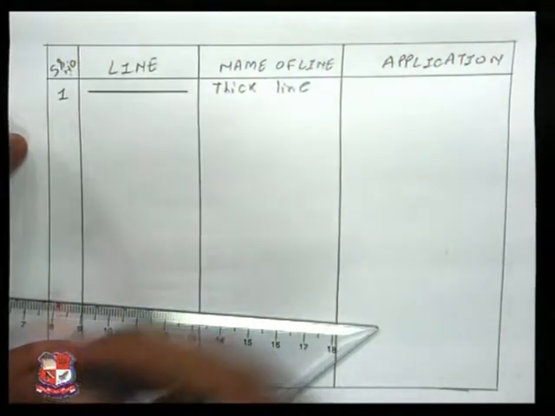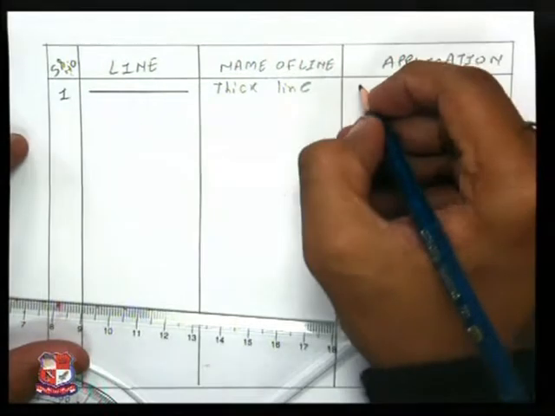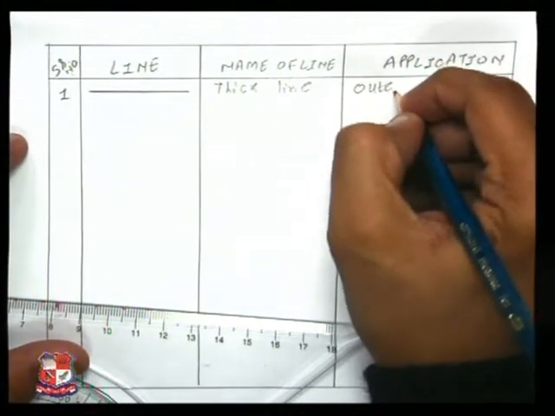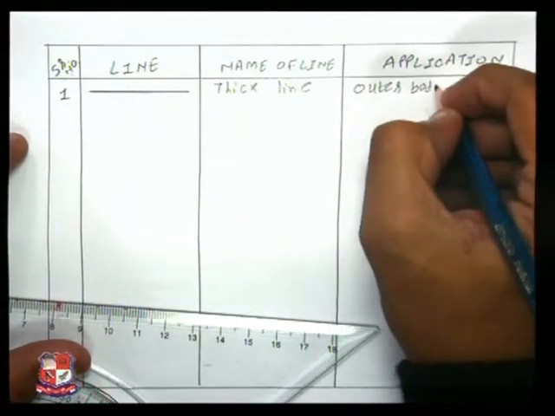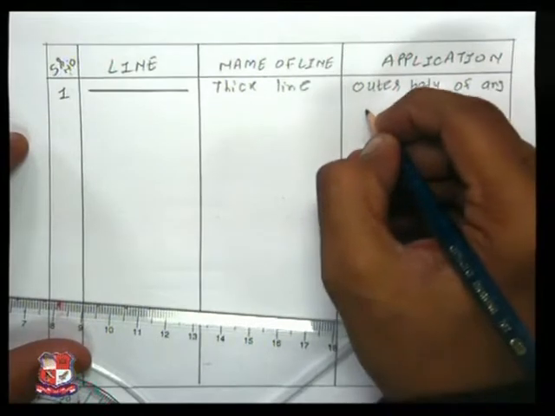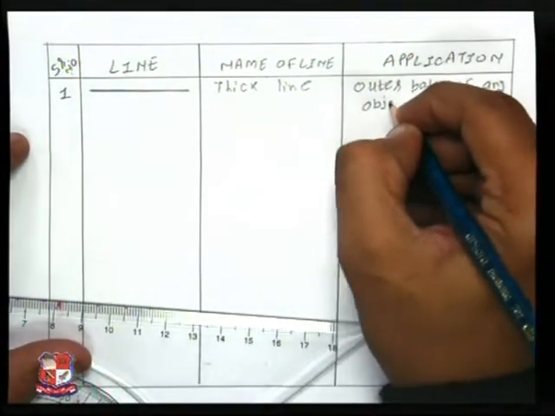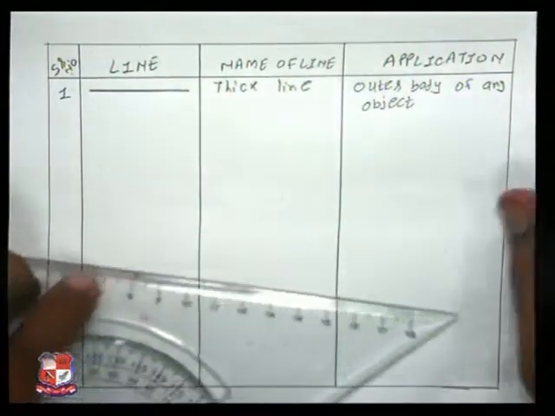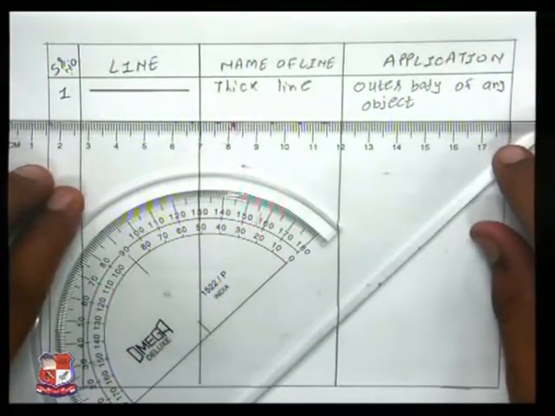The application of a thick line can be the outer body of any object.